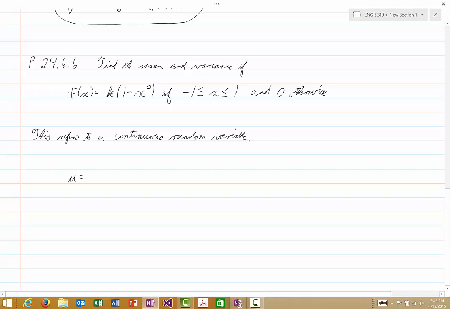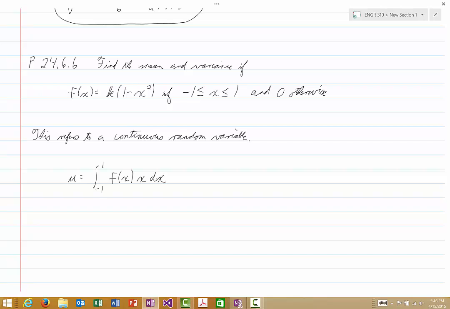Well, here it's a very similar kind of thing, except instead of adding up, we integrate. So here we would integrate from -1 to 1 of little f of x times x dx. Very similar to what we had before, except the summation now becomes an integral.